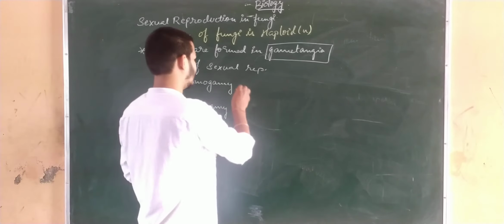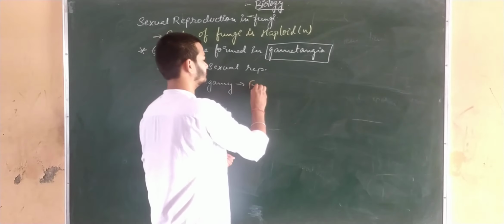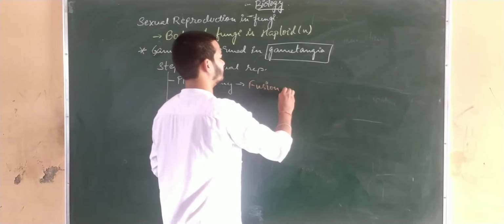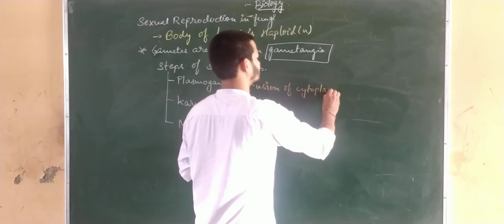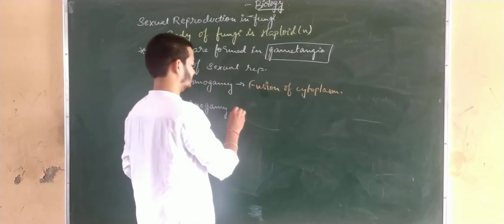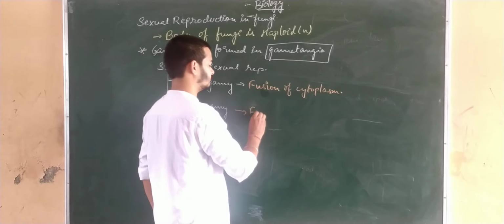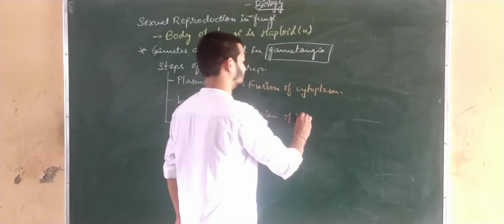What is plasmogamy? Plasmogamy means fusion of cytoplasm. Karyogamy is fusion of nuclei.